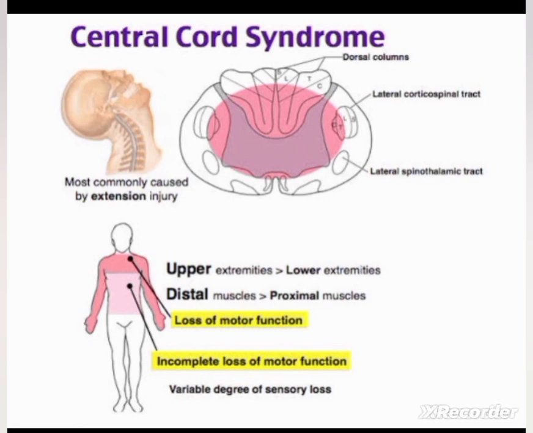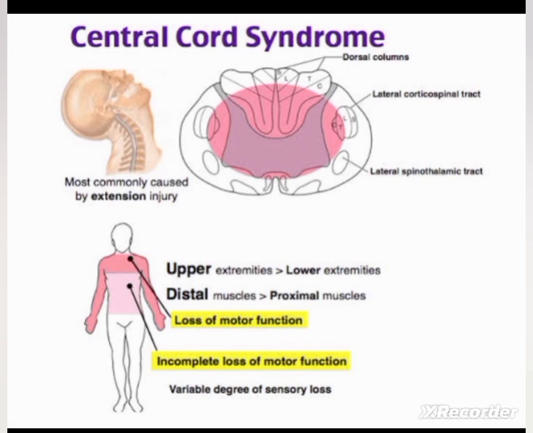Central cord syndrome is damage to the central spinal cord. It occurs mainly due to extension injuries, and is common in the cervical region and common in older adults.